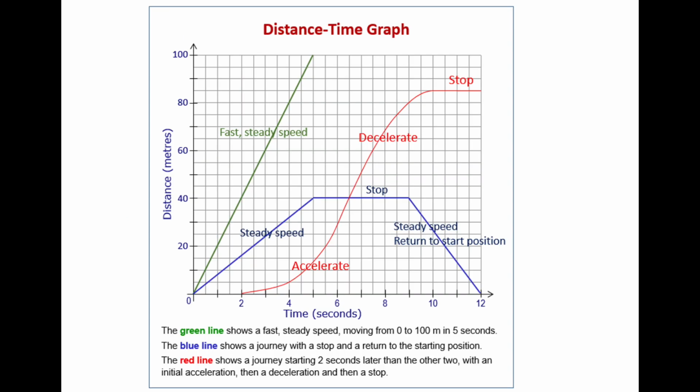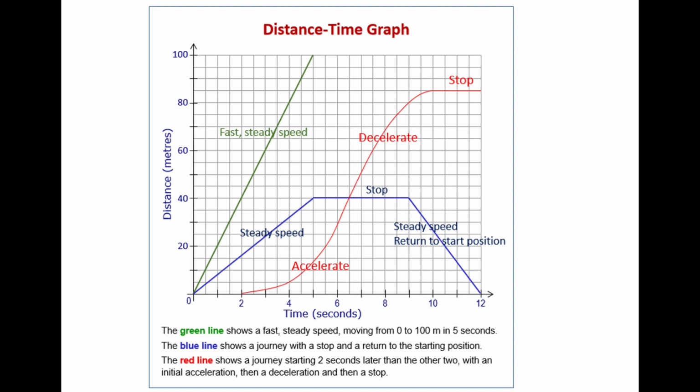Here you can see another distance time graph. You are already familiar with that green graph and the blue graph. The green line shows a fast steady speed, moving from 0 to 100 meters in 5 seconds.